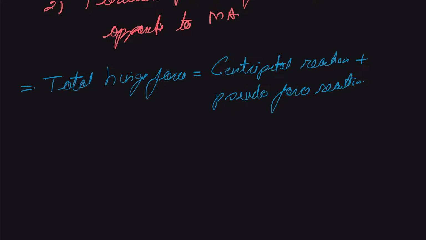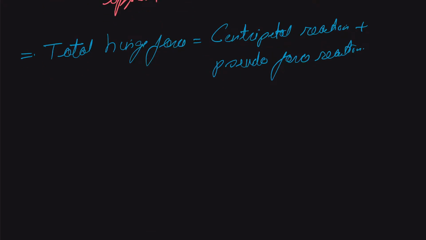Okay, so now let's find out the velocity and the acceleration of the center of mass, and from there we can calculate the centripetal acceleration and other parts. So let us find out the velocity and the acceleration of center of mass.